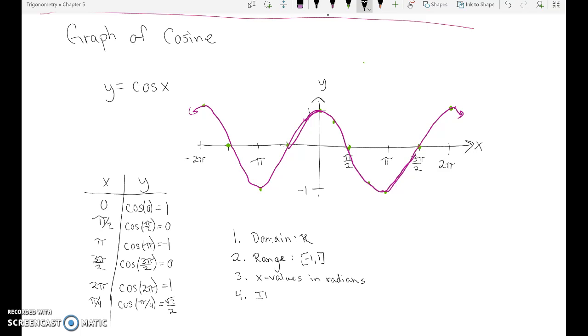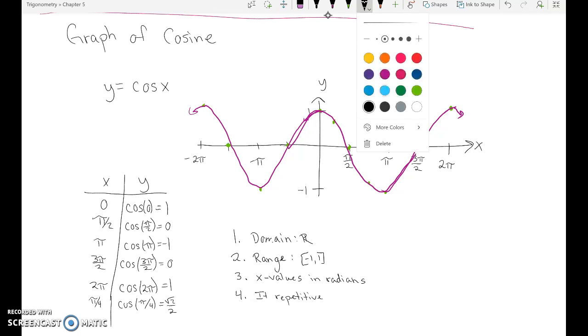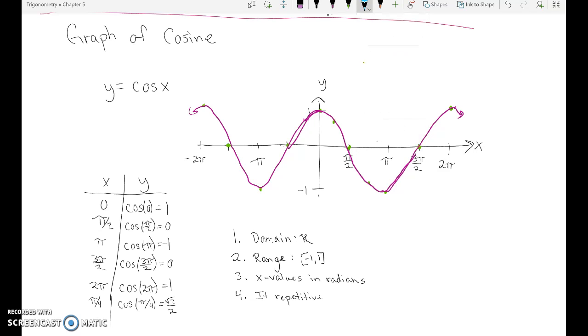Again, it is repetitive. This repetition is a little bit harder to see because it doesn't start at 0 and then end at 0. Instead, what it's doing is it's starting at 1 and then it's ending at 1 again. If you would like to, you can move it over and start right here at that negative pi over 2 and then end at 3 pi over 2. That's just a little bit uglier to look at.